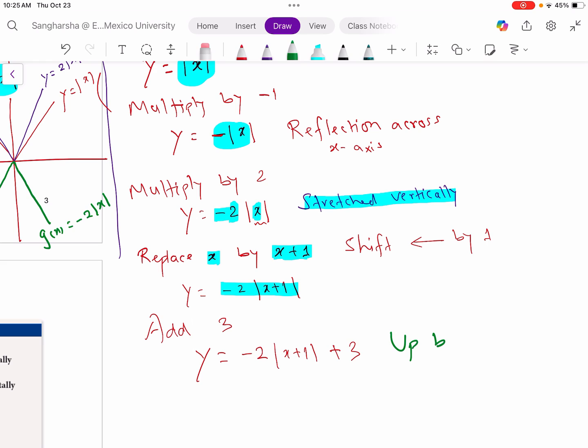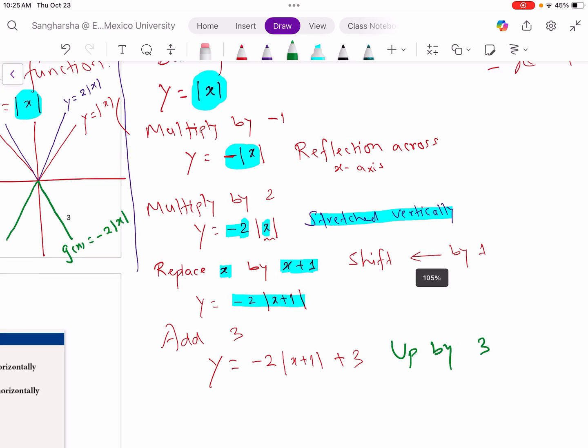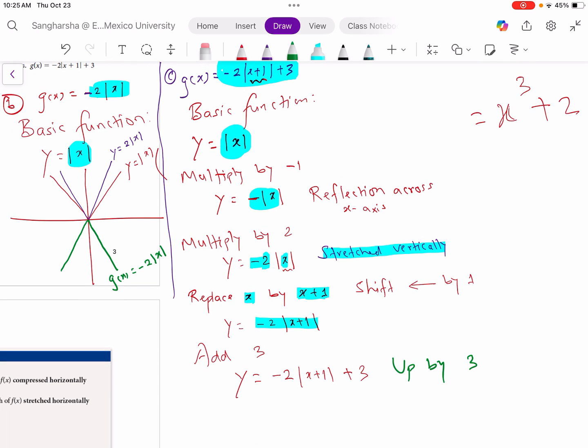Up by how many units? 3, right? So these are the transformations here. We started from a basic function, we multiplied by negative 1. It means we reflect the graph of this function across the x-axis. We stretch that graph vertically, we shift it to the left by 1 unit, and we move that graph up by 3 units. We get the final graph.